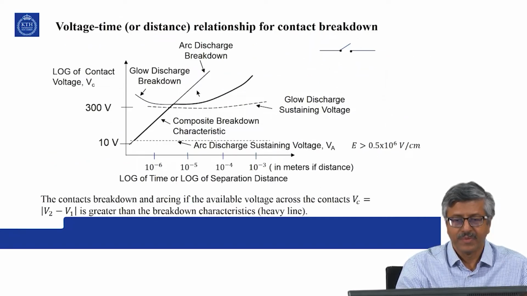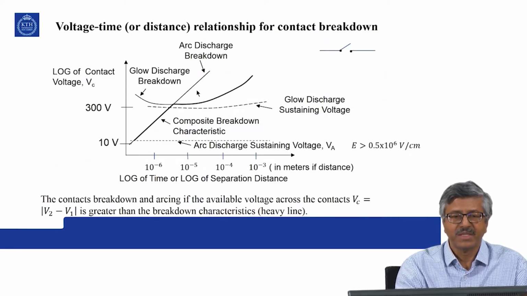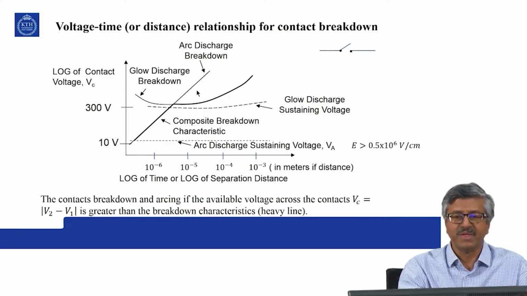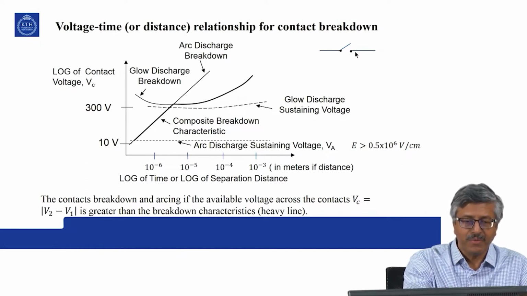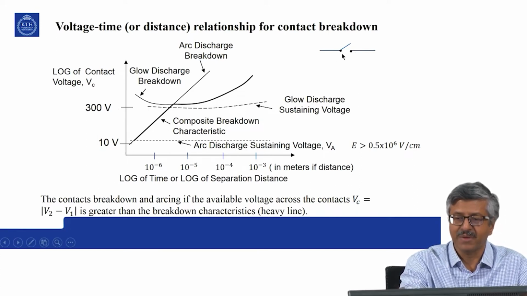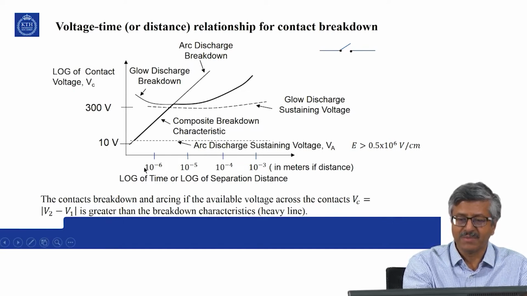So, let us look at the voltage time relationship for contact breakdown. So, this is a mechanical switch. So, in small air gaps, you have certain voltage applied across this air gap of the switch. The air gap length is varying, or you can express in terms of length.